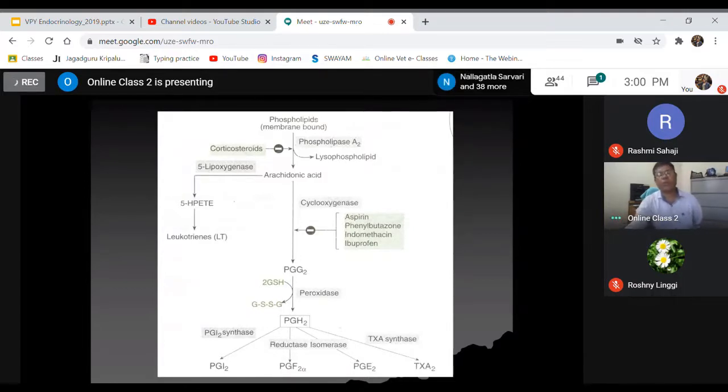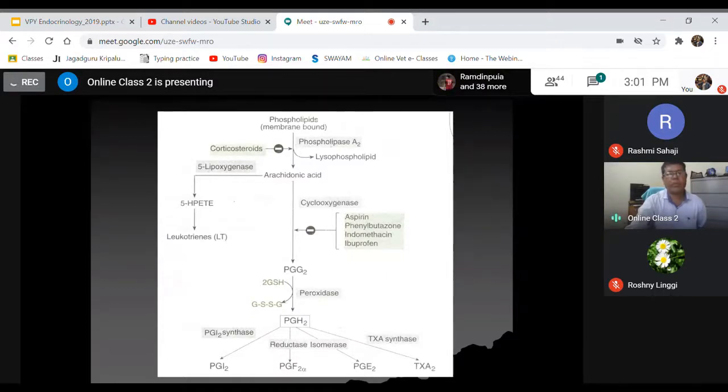Then once this PGG2 is formed, it is acted upon by the peroxidase to form PGH2. For this, reduced glutathione, two molecules of the glutathione, are oxidized to form the oxidized glutathione here. So this is reduced to PGH2.